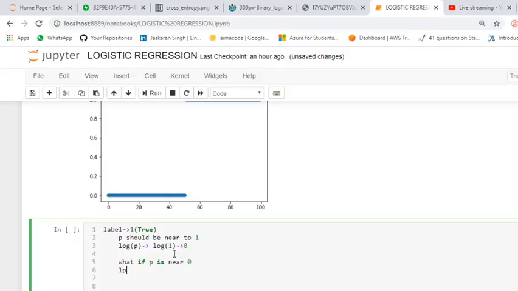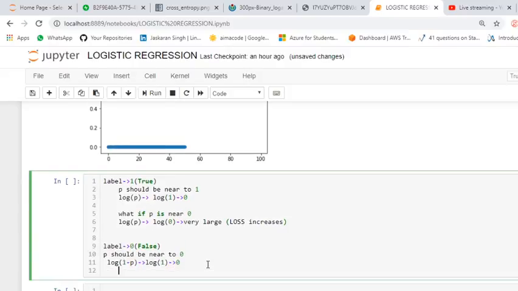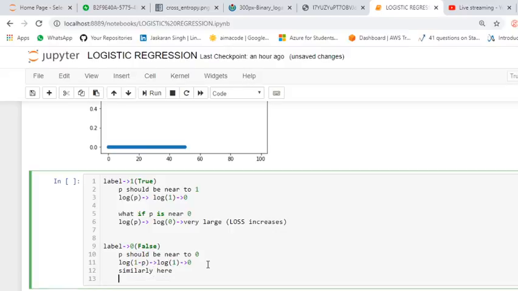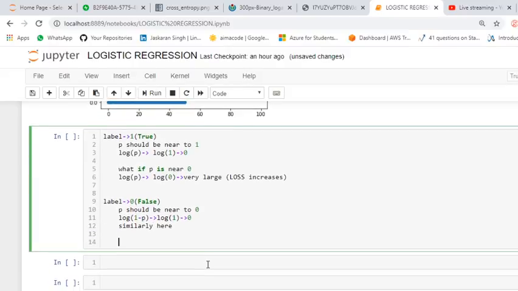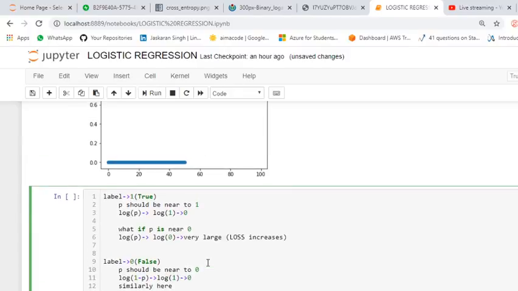Then log of p would become log of 0, which is very large, and the loss increases. Similarly here.